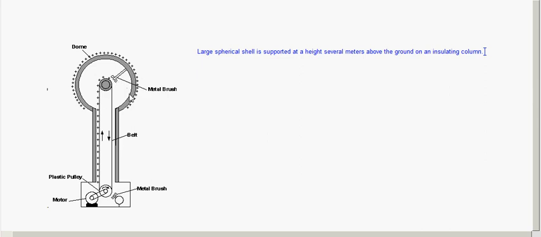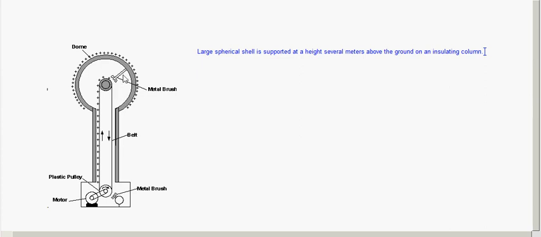Thus positive charge is transferred to the shell and spreads uniformly over its outer surface. In this way a very high voltage difference of the order of say around 6 or 8 million volts is built up, and the resulting high electric field can be used to accelerate charged particles like protons, electrons or ions.